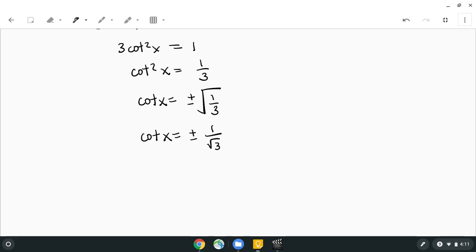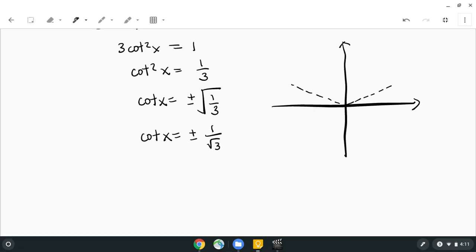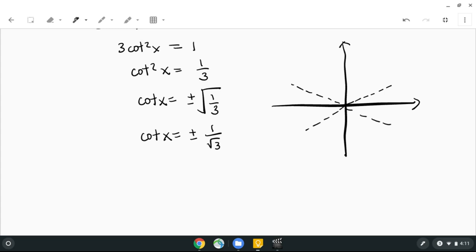So we're taking both the positives and the negatives here now. That means we are going to take the angles in all 4 quadrants: the one there, there, there, and there.